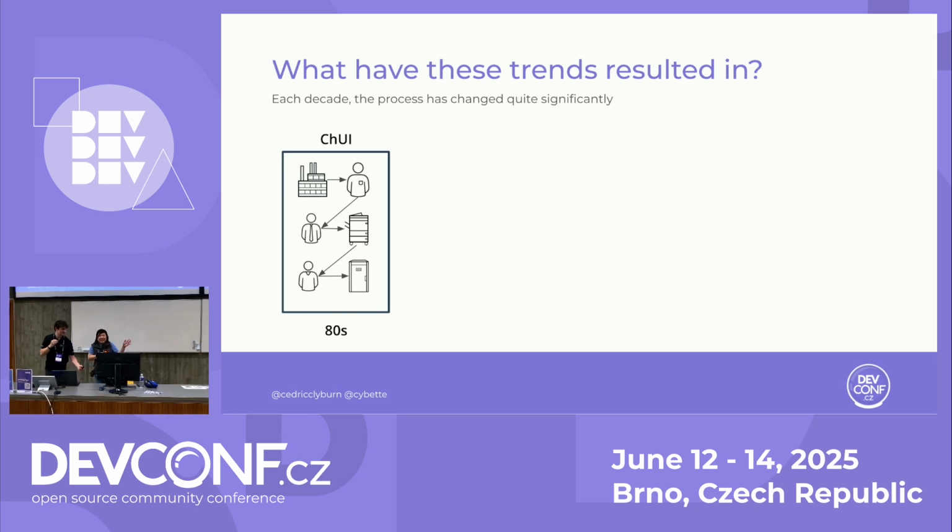The scary thing is, as Cedric was going backwards in time, I find myself associating more and more with the stuff he showed. I don't know what that says, but anyway. So from around the 80s, we have a lot of what we call character UI, a lot of text-based stuff, command line interfaces, for example.